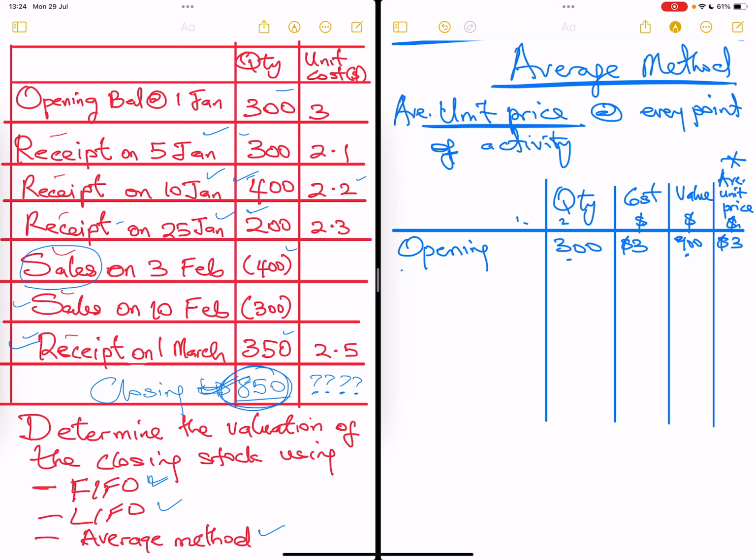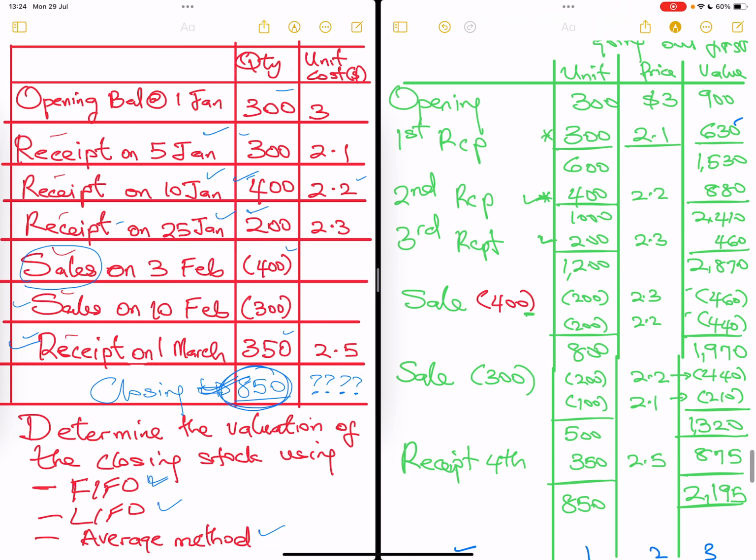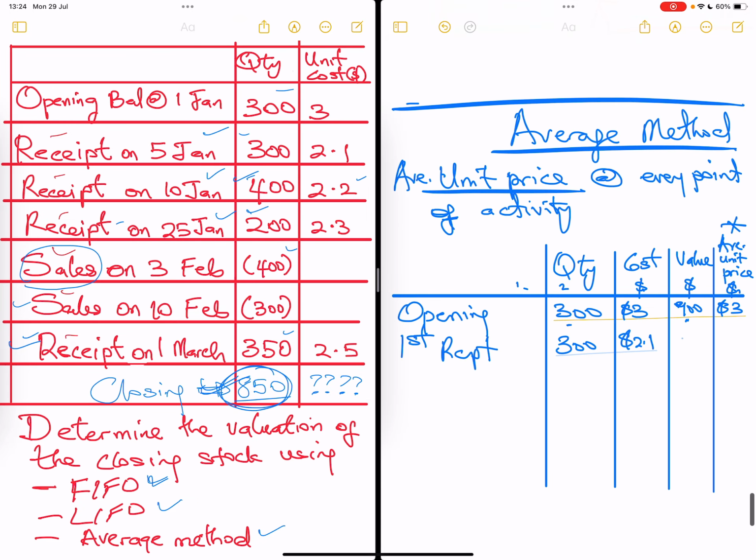Now we have the first receipt. Our first receipt was 300. We bought it at 2.1, and the value was 630, I believe. Yes, here, 630. Which means we close with a quantity of 600.